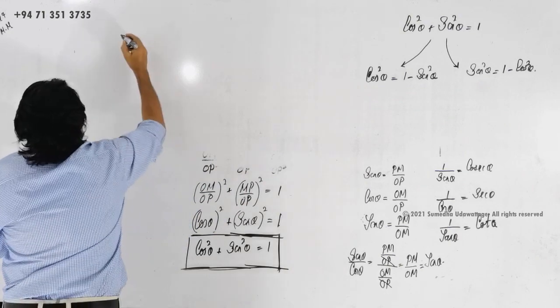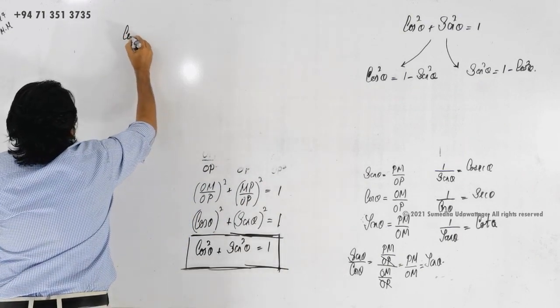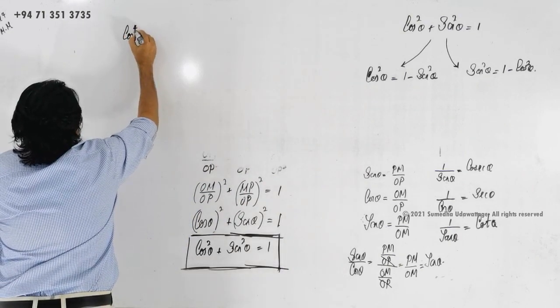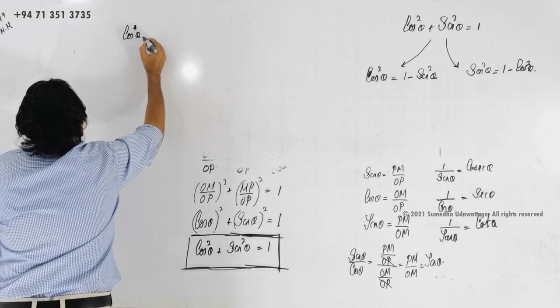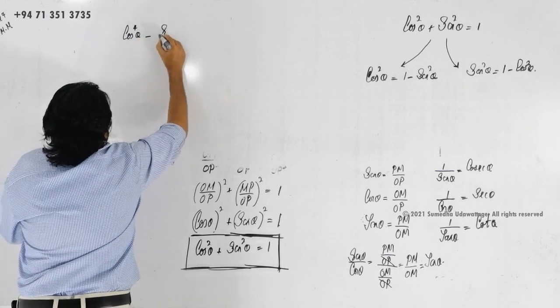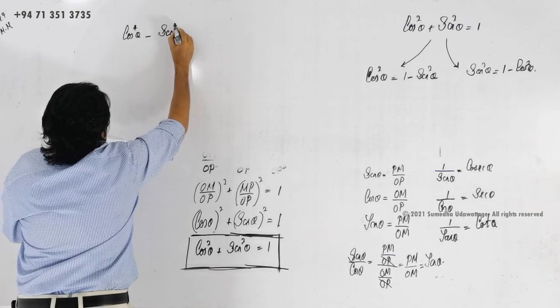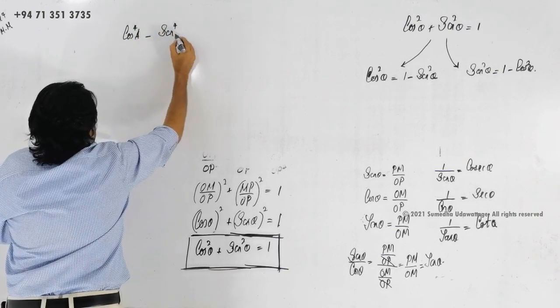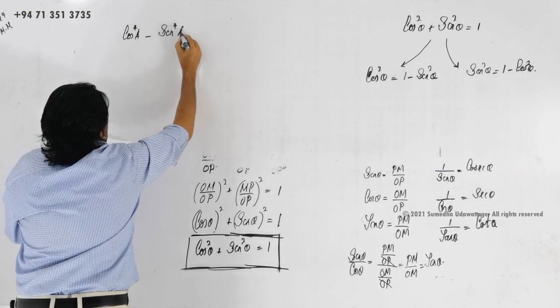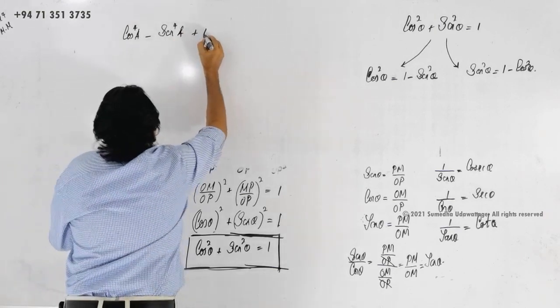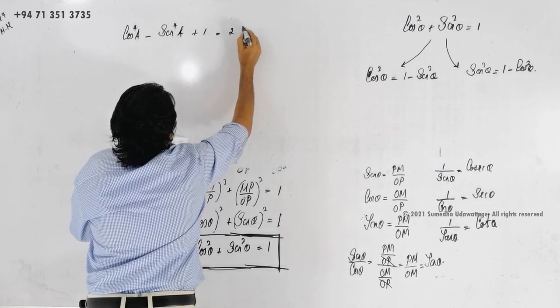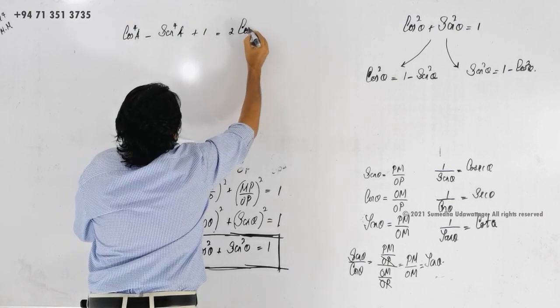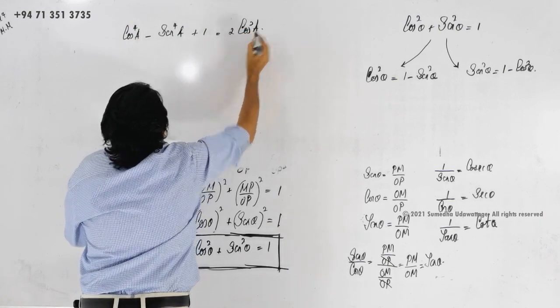You got to prove that cos to power 4a minus sin to power 4a plus 1 is equal to 2 cos square a.